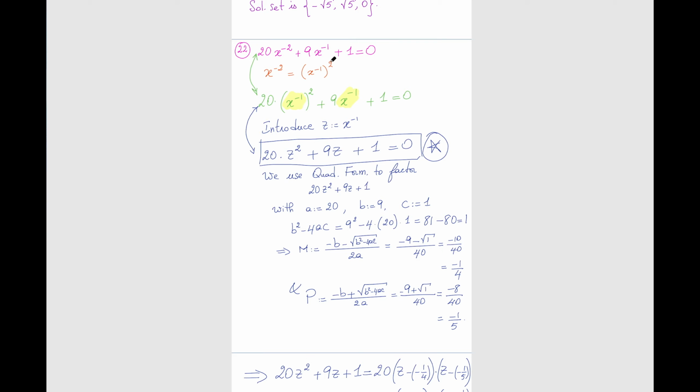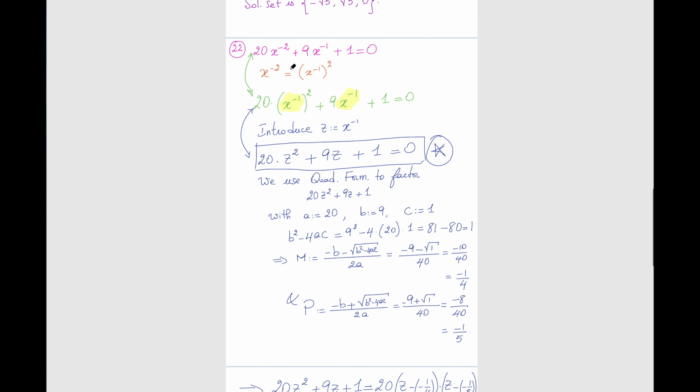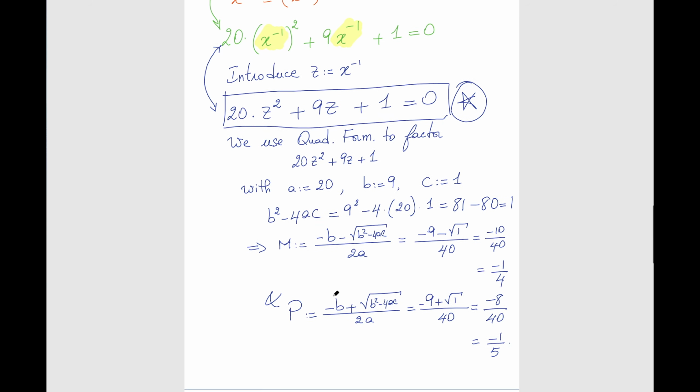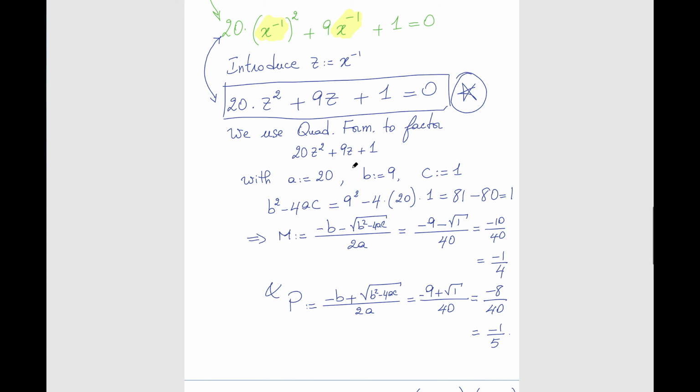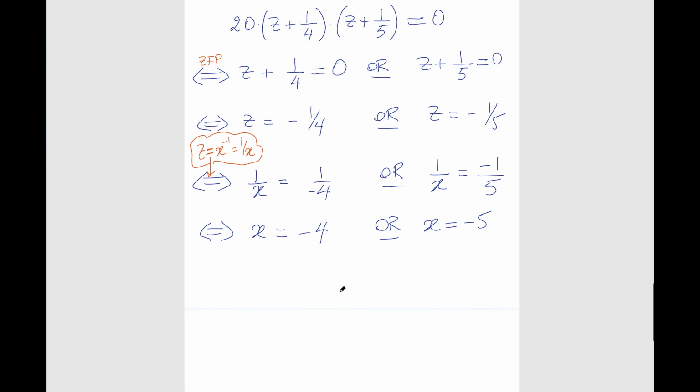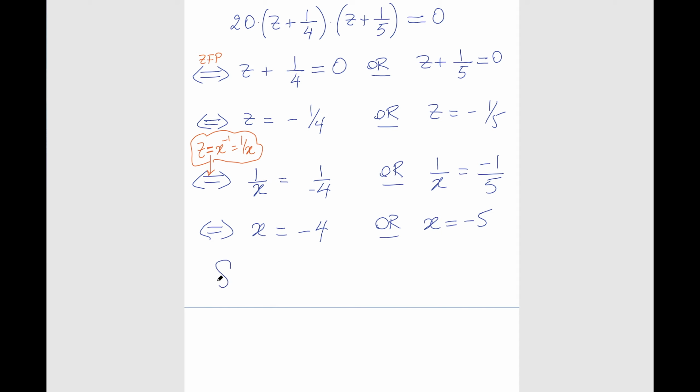Once you see the trick, that x to the power negative 2 is the square of x to the power negative 1, the whole thing turns into a quadratic equation, and the quadratic formula kicks in. It solves the problem technically, right? Okay. The solution set is simply those two guys, negative 4 and negative 5.